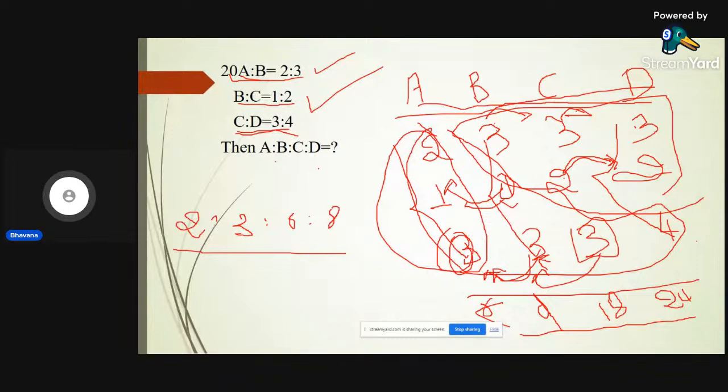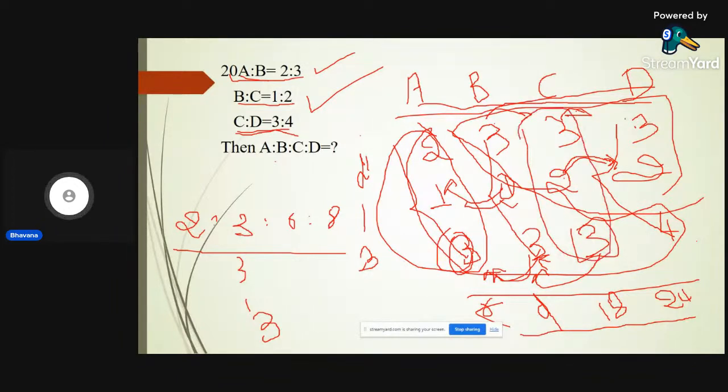In the A values, what we will get is 2, 1 and 3. In the B values, we will get 3, 3, 1, 3. In the C values, 3, 2, 3.